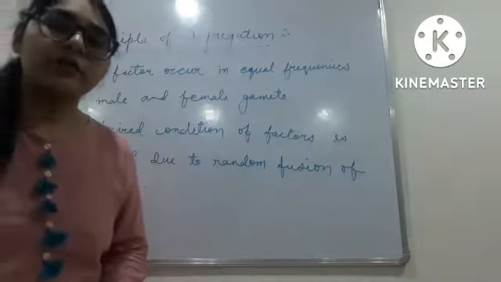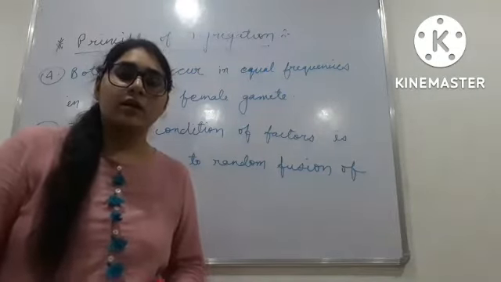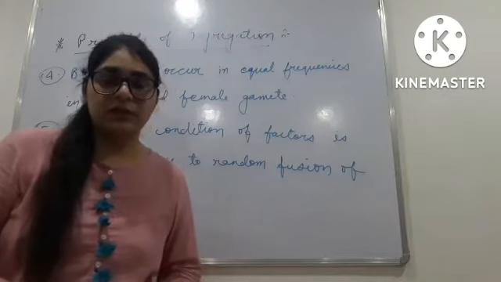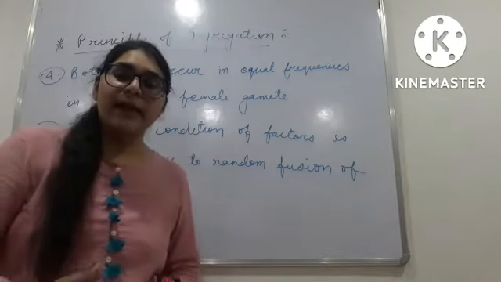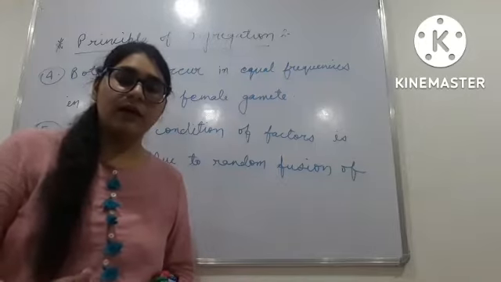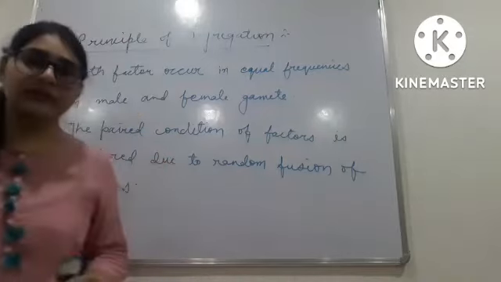So these arguments are sufficient in explaining the appearance of both forms of trait in F2 generation. So by a diagrammatic representation, we will understand what these arguments say.